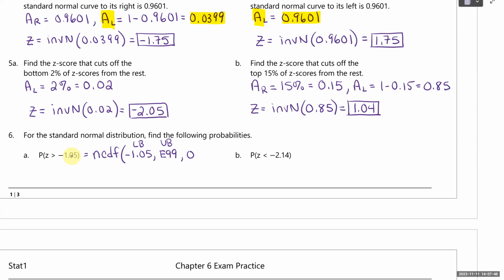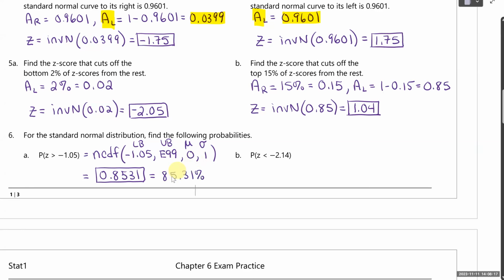And usually you would have to enter the mean and the standard deviation. So again, for z-scores, we can skip writing those two. That is the calculator default. Or you can type them in if you would like and double check that answer. It should be 0.8531. And I'll always let you know if I want decimal or percent. Here I'm just practicing both ways. So 85.31% of z-scores would be greater than negative 1.05.